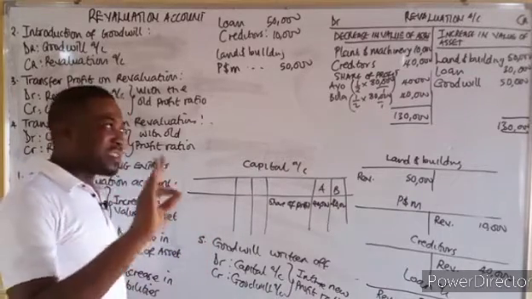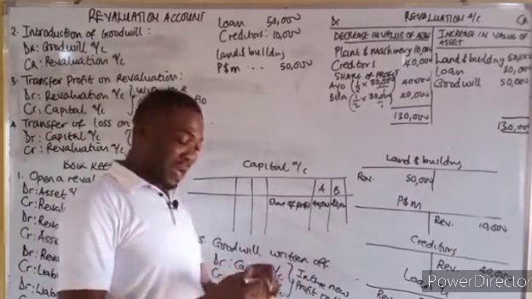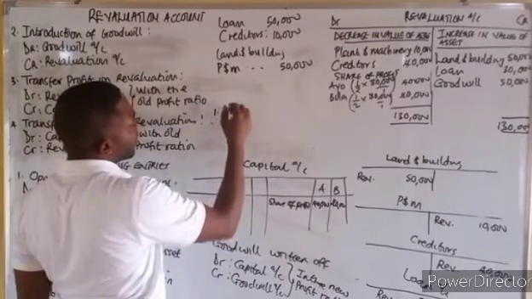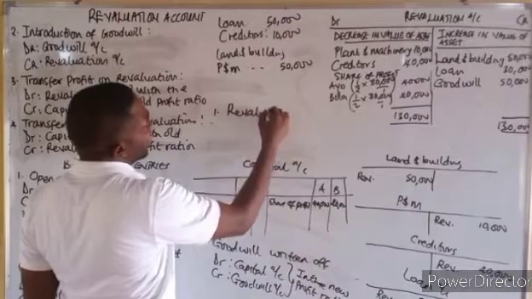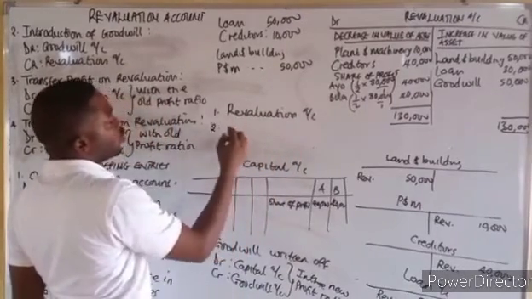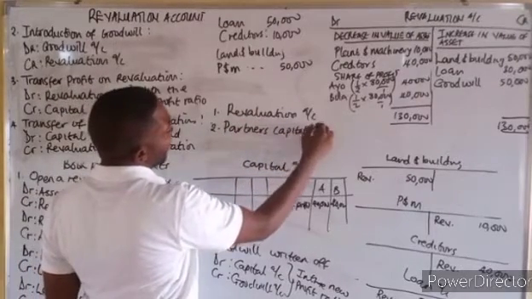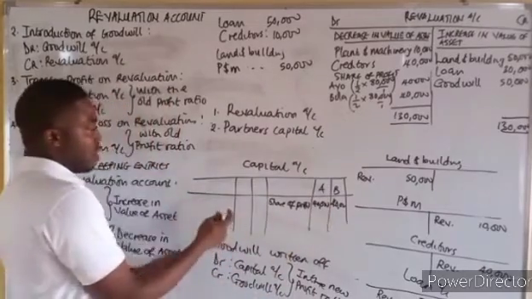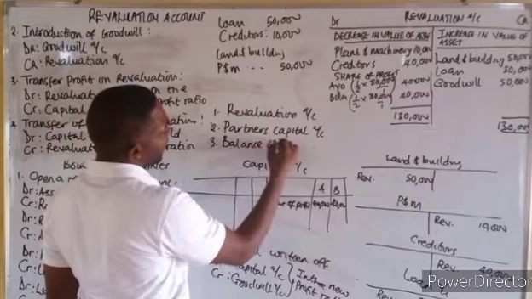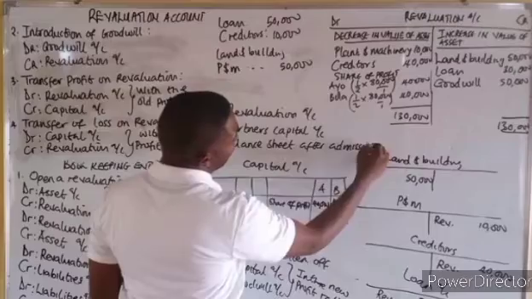Now, the three accounts that are a necessity. Other ones they may ask you to prepare, depending on the question. But the three accounts that are necessary are: one, the revaluation account that you'll be asked to prepare in questions involving this; two, the partners' capital account; and three, the balance sheet after admission or after revaluation.